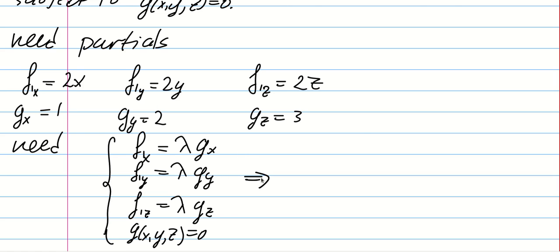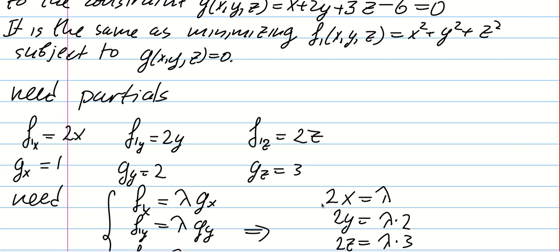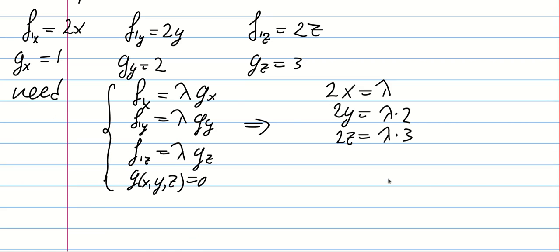So let's try to build everything in. We have 2x equals lambda times 1. Then we have 2y equals lambda times 2. And we have 2z equals lambda times 3. And the g function is x plus 2y plus 3z minus 6 equal to 0.